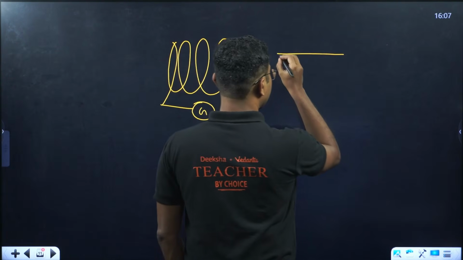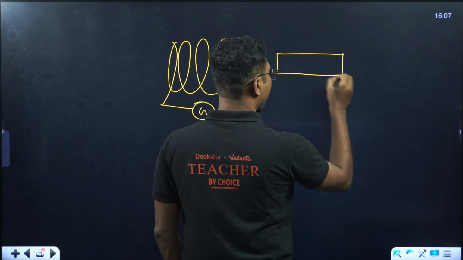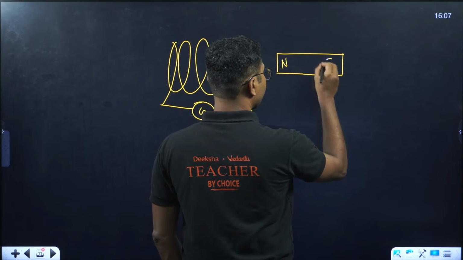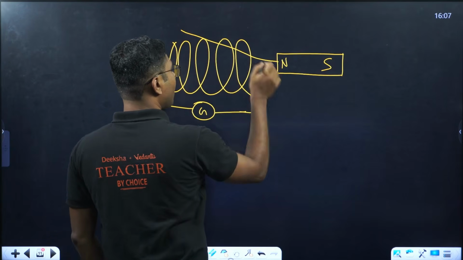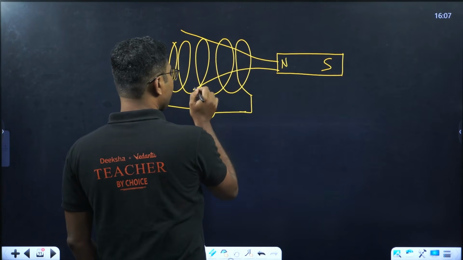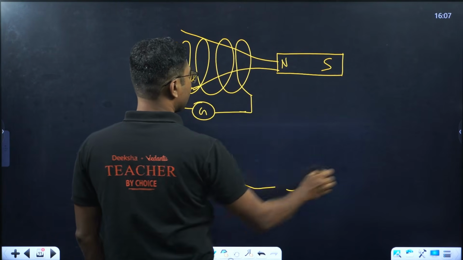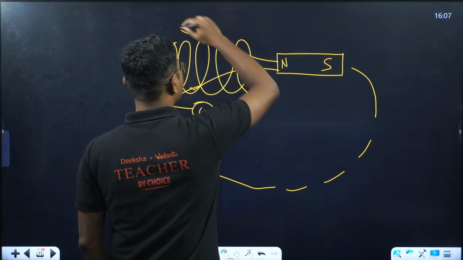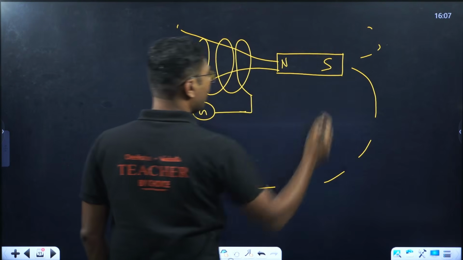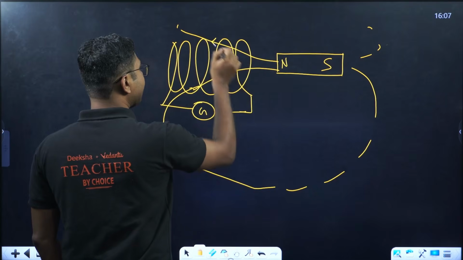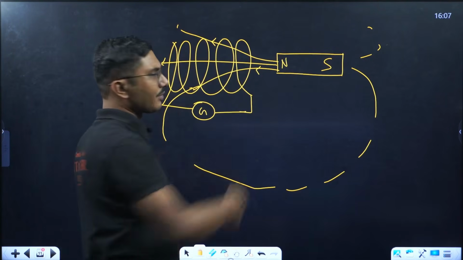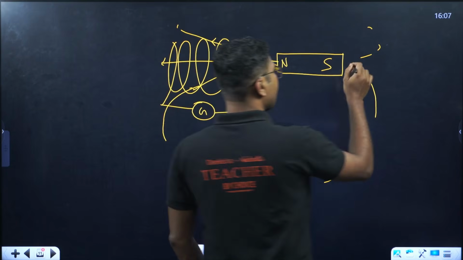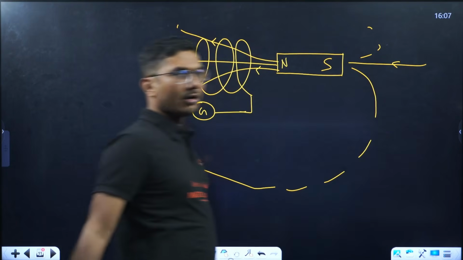Let us take the easy one first. You have a north pole, you have a south pole. We know that magnetic field lines exit the north pole, and it comes back to the south pole from somewhere, somehow. That we are not interested in here.